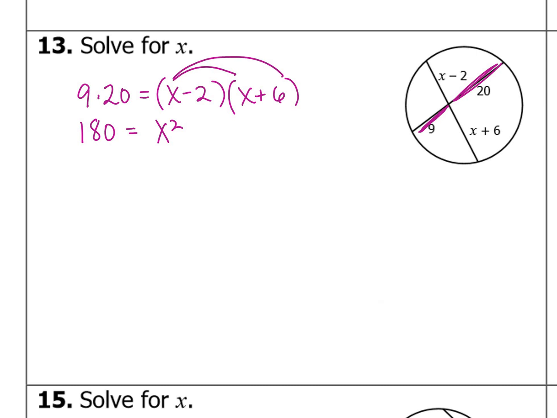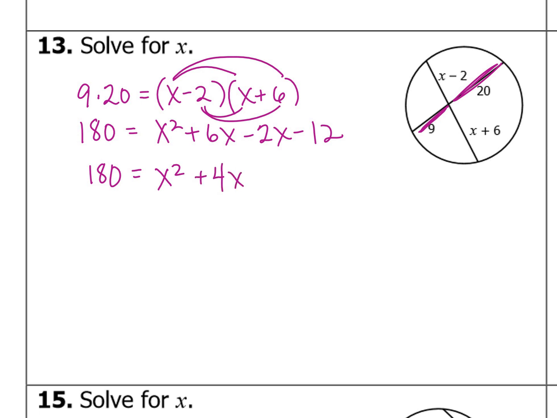Remember with distribution, everything has to be multiplied by every term, minus 2x minus 12. Combine like terms. 6 minus 2 is 4.